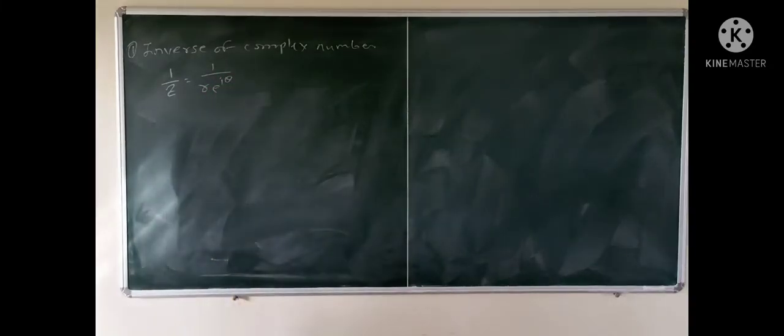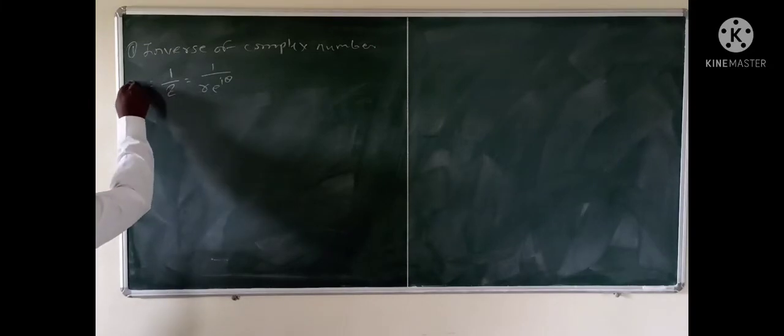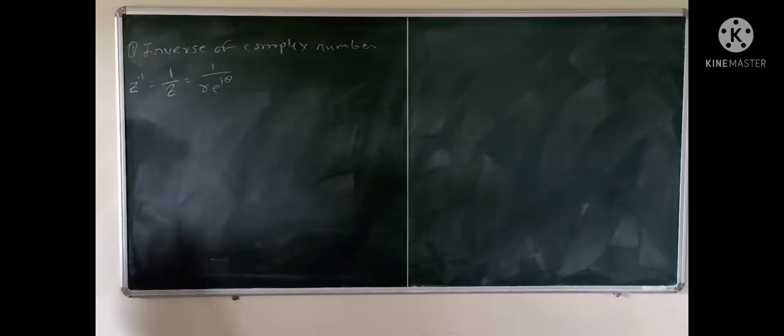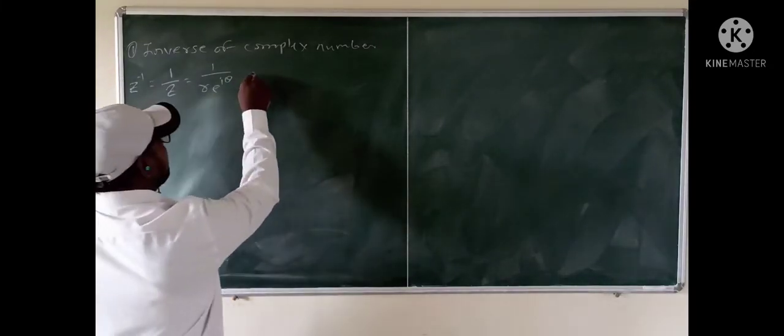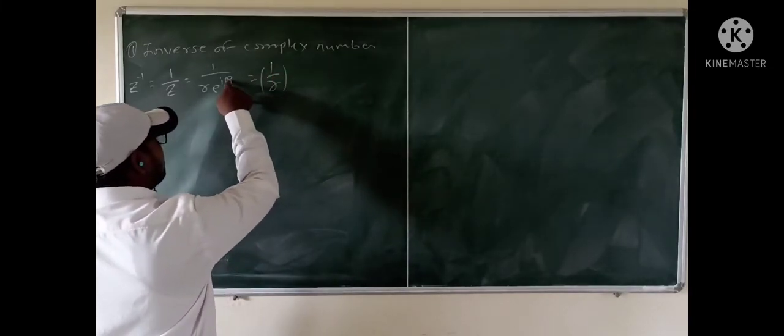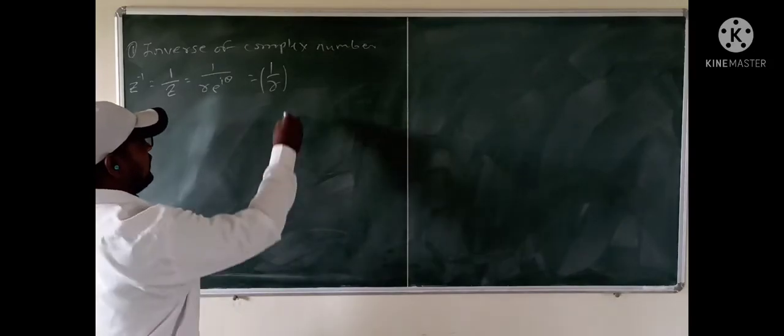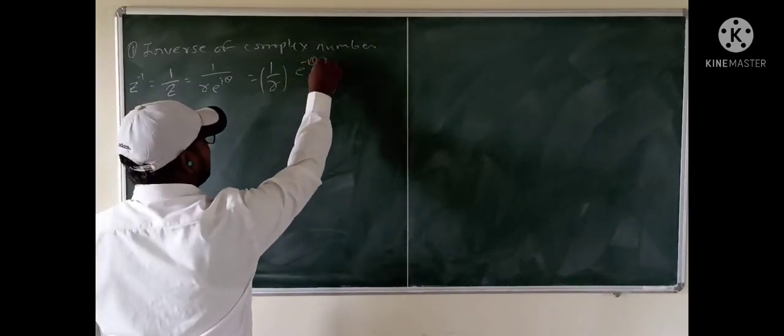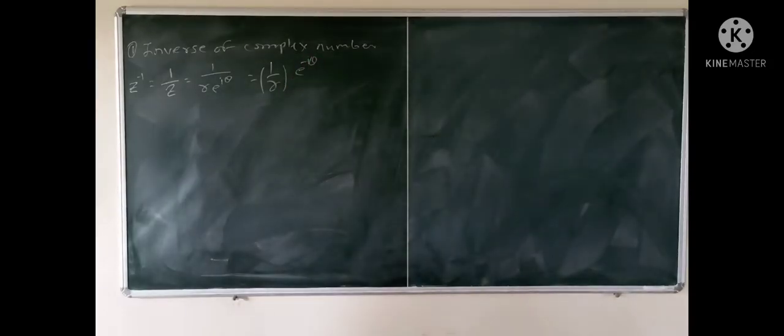This is the inverse of the complex number, represented by z inverse. This can be written as 1 upon r, and 1 upon e raised to i theta can be written as e raised to minus i theta. This is one of the properties of a complex number in polar form.